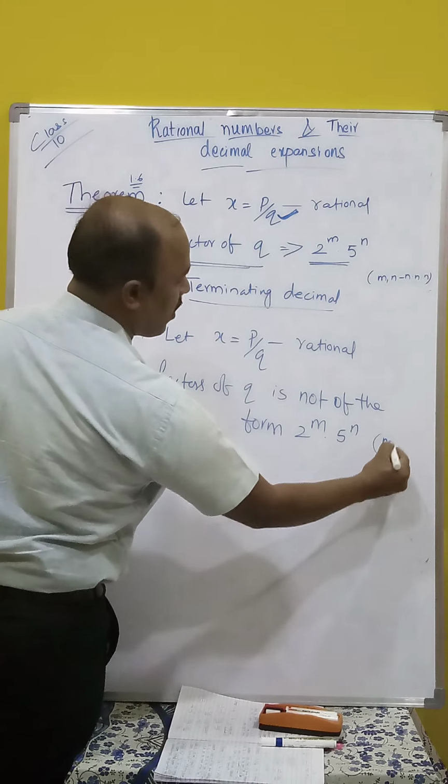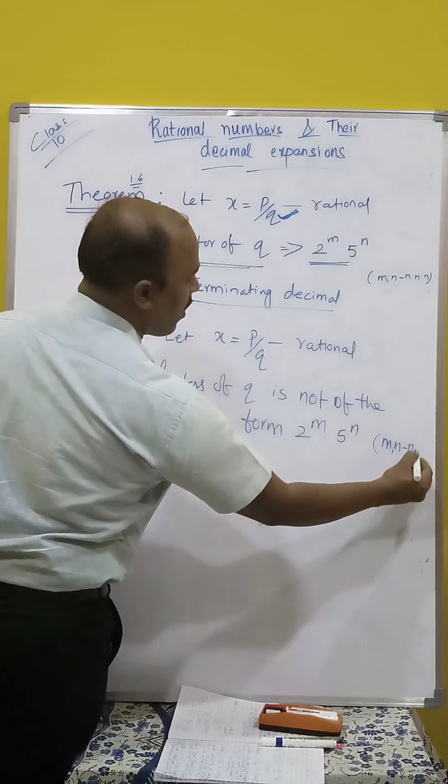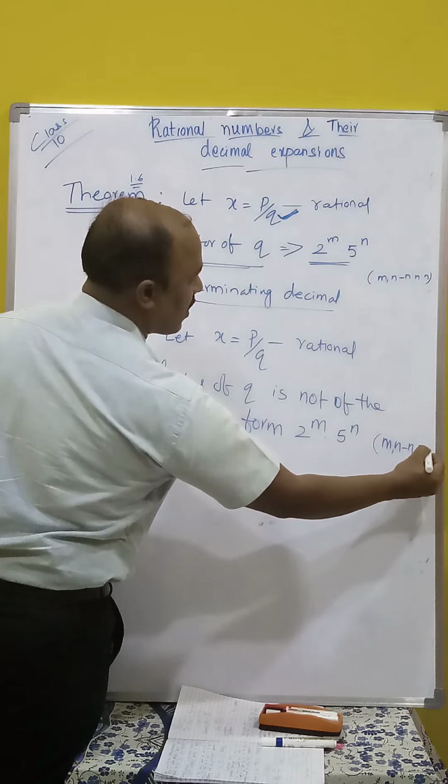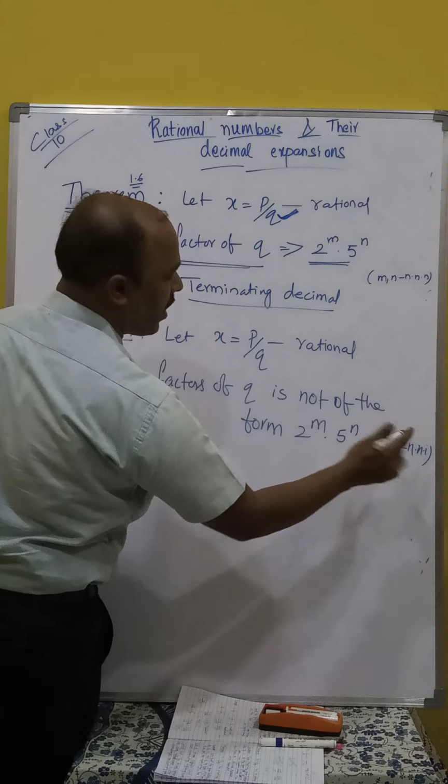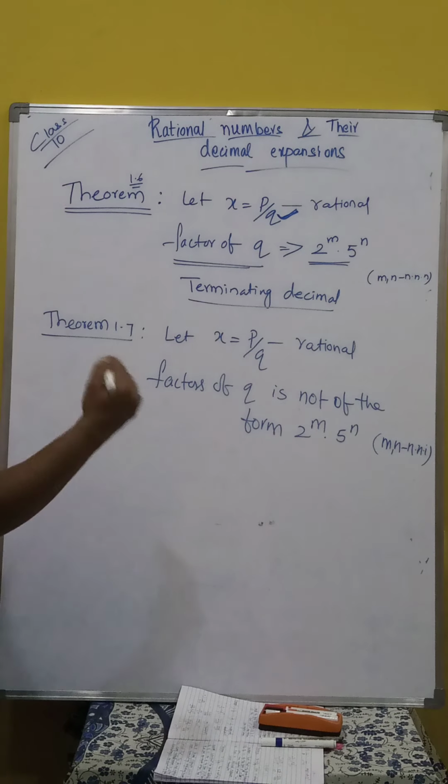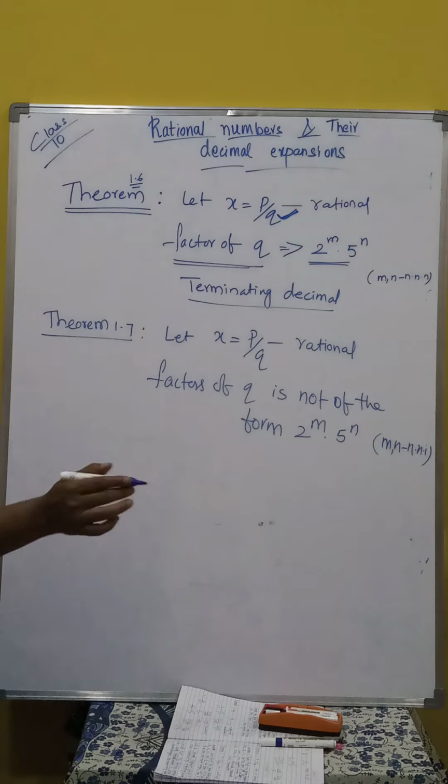Again, m and n are non-negative integers. What is the meaning of non-negative integers? Zero and all positive values.